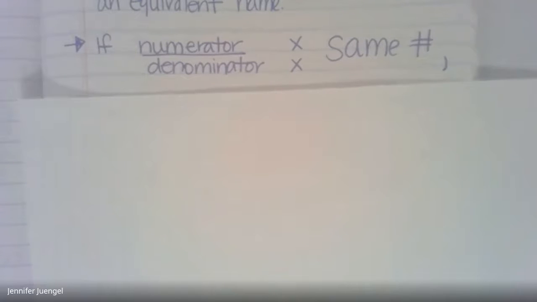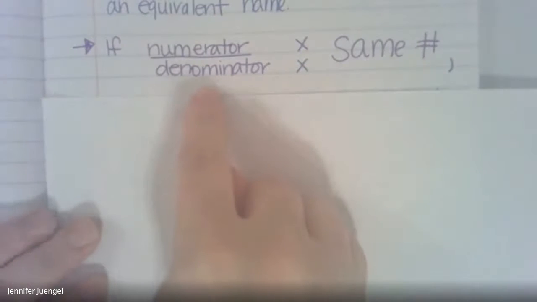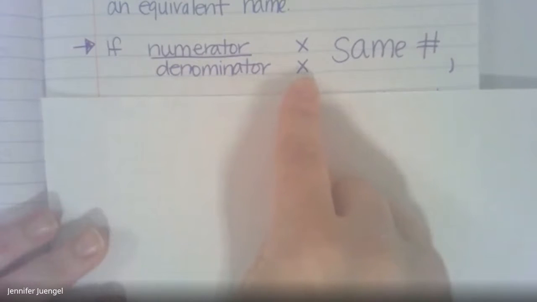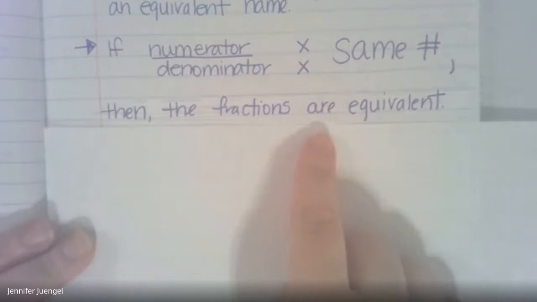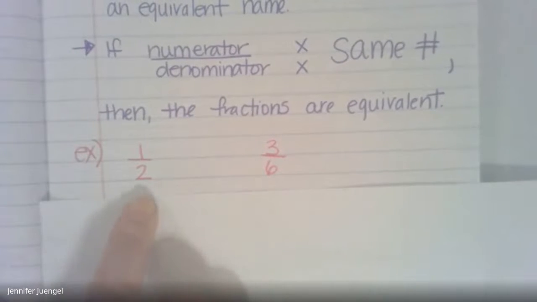One of the rules we can follow to find equivalence super quickly is: if the numerator and the denominator are both multiplied by the same number, then the fractions are equivalent. Here is what that looks like. Here's the fraction 1/2.